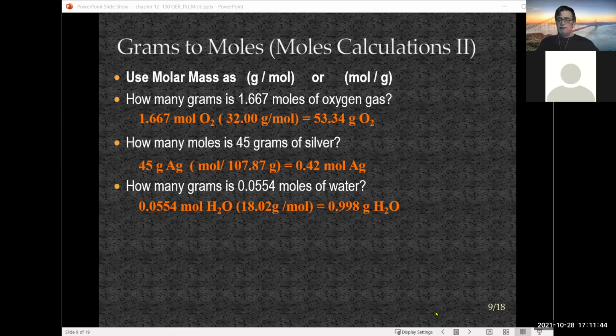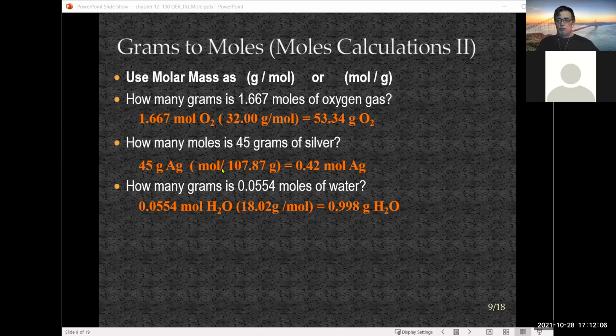So 0.998 grams of water is equal to 0.055 moles of water. Small quantity of water, but we can calculate the number of molecules, and it's still a lot of water.